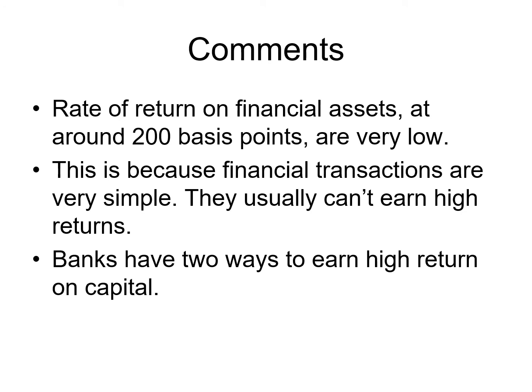Comments. Rate of return on financial assets at around 200 basis points is very low. This is because financial transactions are very simple. They usually can't earn high returns. Banks have two ways to earn high return on capital.